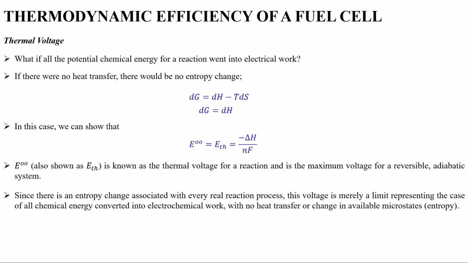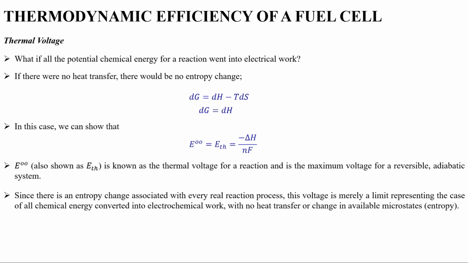Since there is an entropy change associated with every real reaction process, this voltage is merely a limit representing the case of all chemical energy converted into electrochemical work with no heat transfer or change in available microstates entropy.